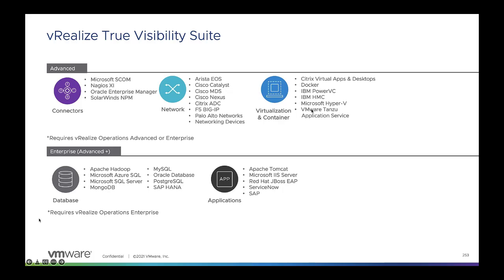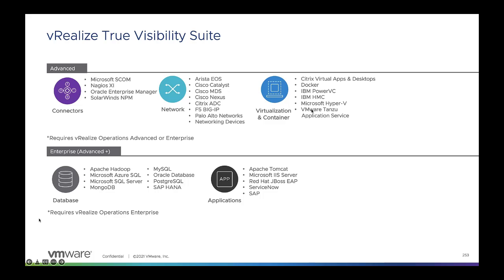Now, the True Visibility Suite itself comprises an advanced and an enterprise level. For the advanced tier, there is everything that is connectors, so it'd be SCOM, Nagios, Oracle Enterprise Manager, SolarWinds, all of our network offerings, so that'd be from Cisco, Arista, F5 Big-IP or load balancers, as well as a more generic networking devices pack that connects through SNMP.